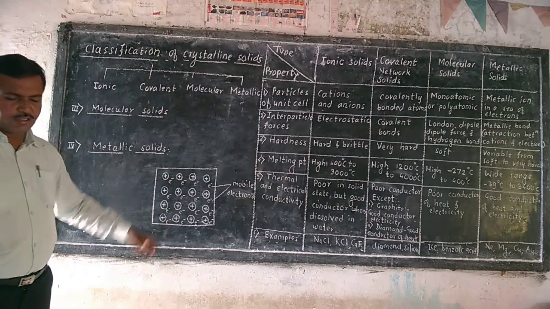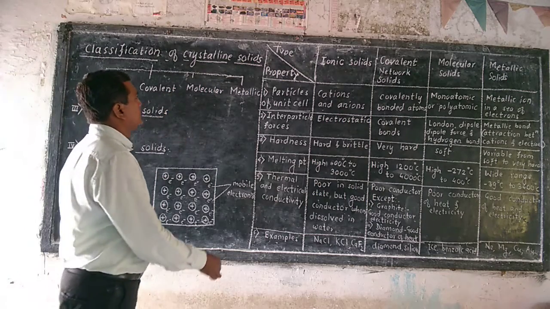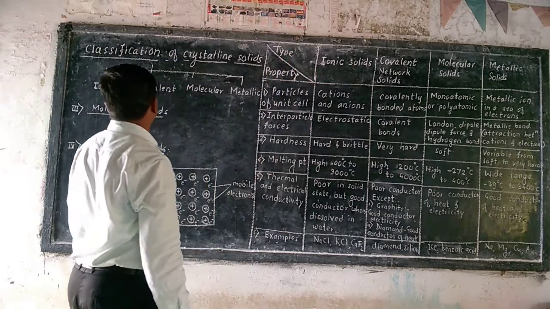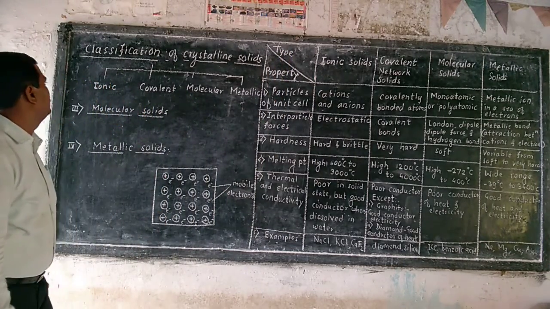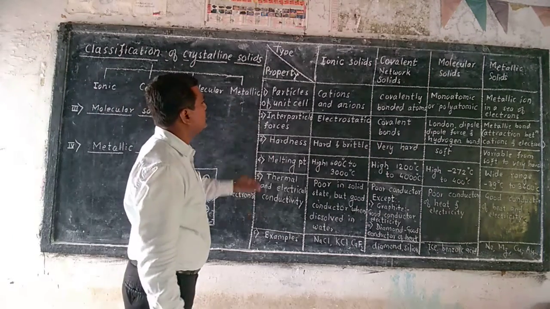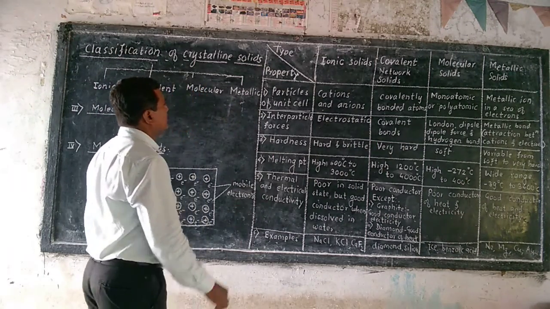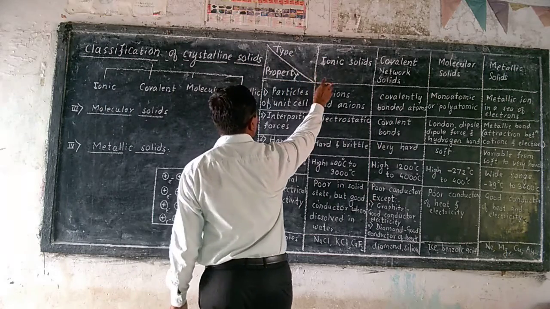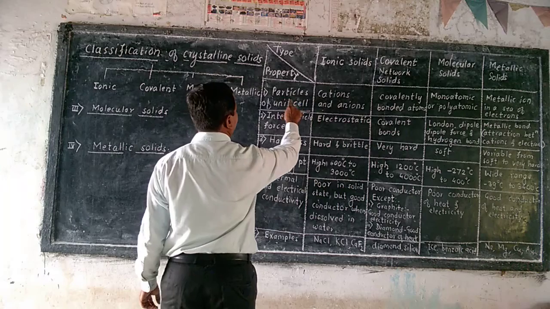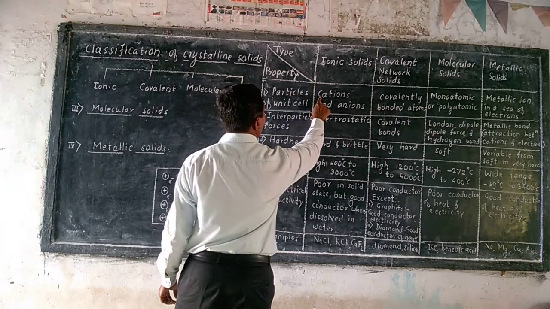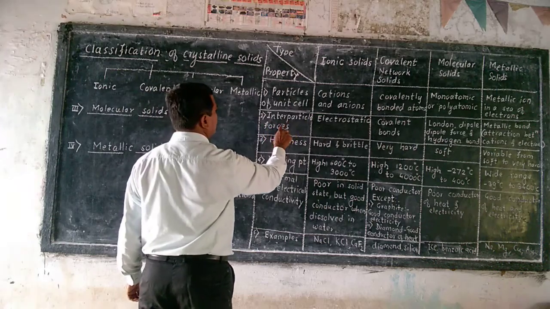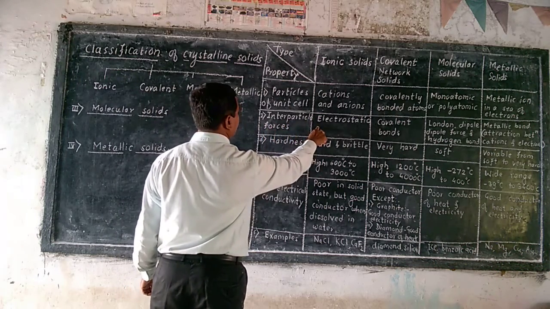Here in this chart, the characteristics of ionic, covalent, molecular and metallic solids are given. So, types: first type, ionic solid. Particles of unit cells are cations and anions. Then interparticle forces, here electrostatic force.